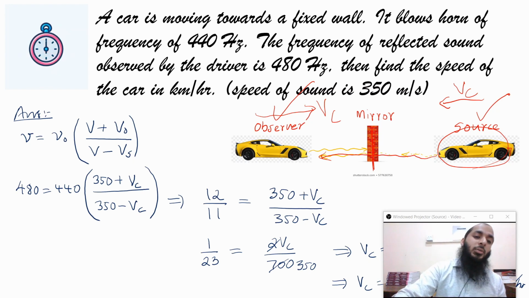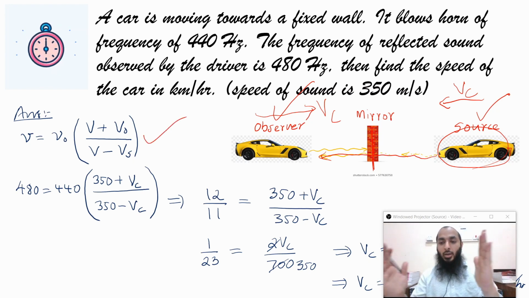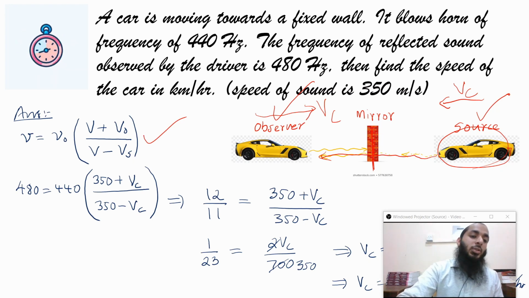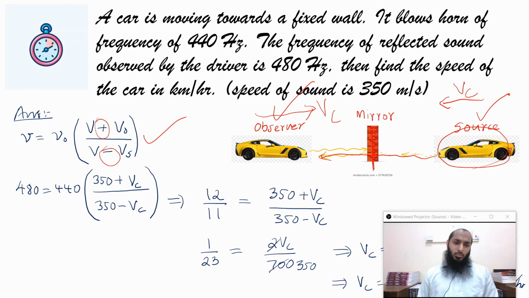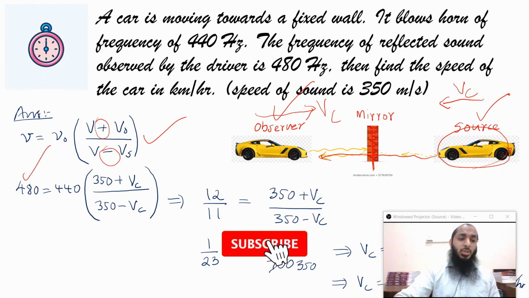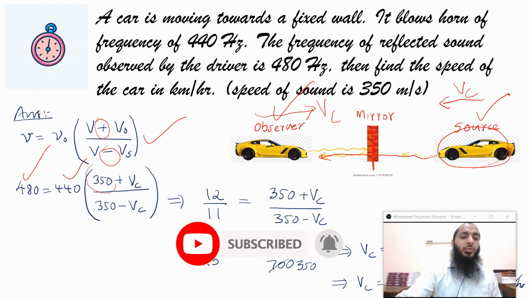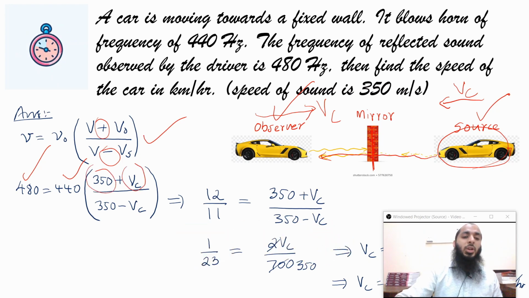We know that when the relative motion of source and observer is towards each other, the frequency should increase. So there will be a plus in the numerator and minus in the denominator. Remember that. Now it's just direct substitution. 480 is the observed frequency, this is the actual frequency, into 350, the speed of the sound, plus speed of the observer, divided by speed of the sound minus speed of the source.